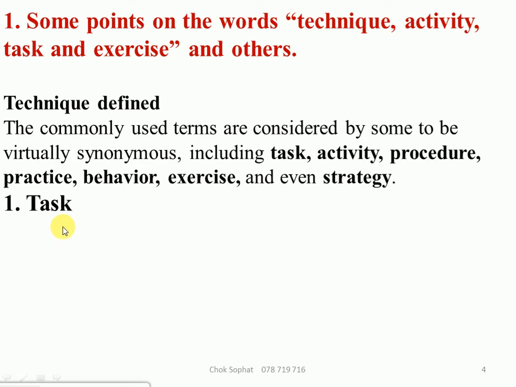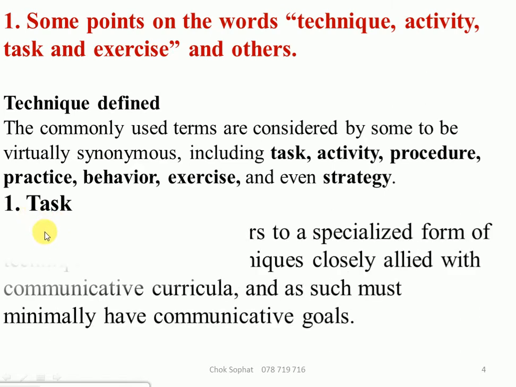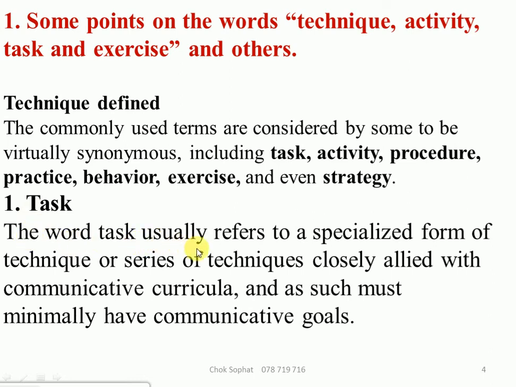Okay, look, the first one is, what is task? The word task usually refers to a specialized form of technique or series of techniques closely allied with communicative curricula, and mainly have communicative goals.